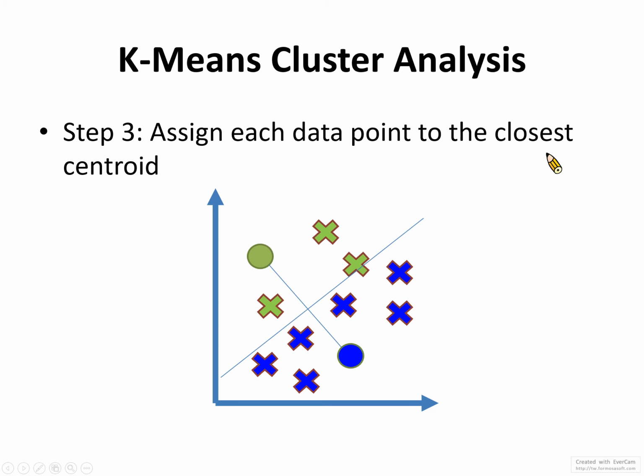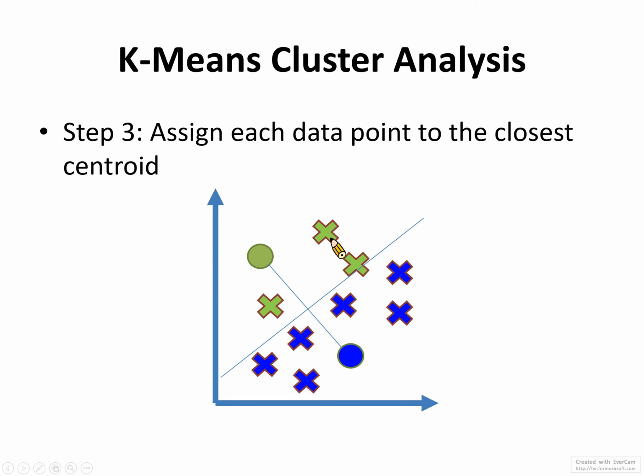So look at this key term here. The key word here is closest centroid. It means that we need to define the distance between the data points and the initial centroids. Then we need to find out which centroid is close to this data point. Then we will give it a classification.